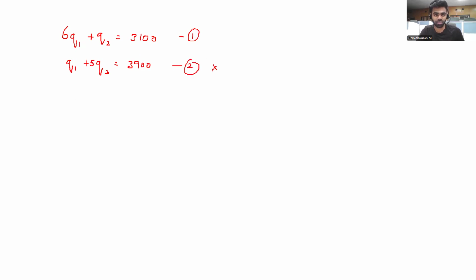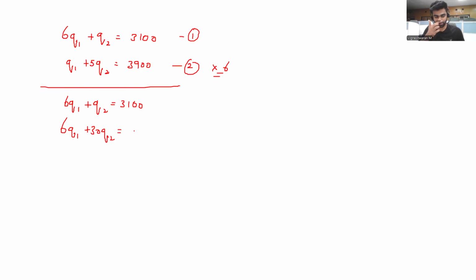So I am going to multiply the equation 2 with 6. So what I will get? Equation 1 will remain the same. So 6Q1 plus Q2 is equal to 3100. So the second equation will become 6Q1 plus 30 Q2 is equal to 39 into 6, 23400.